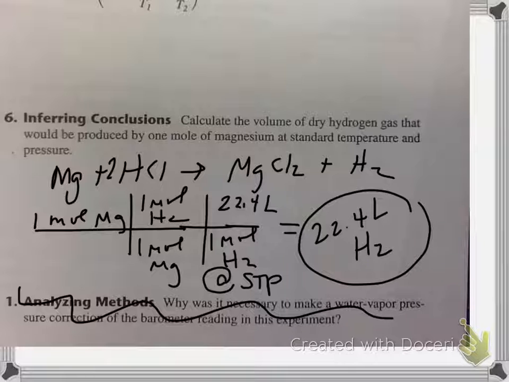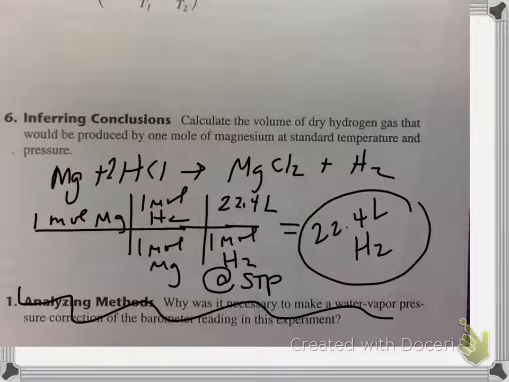That's a lot more gas collection space than you have in your buret, you'll note. There's a reason that we severely limited the amount of magnesium that we used, because if we use too much magnesium, we empty the buret and we can't track the amount of hydrogen gas that's produced anymore. So, using that, could you figure out how many moles of hydrogen you produced based on your volume?